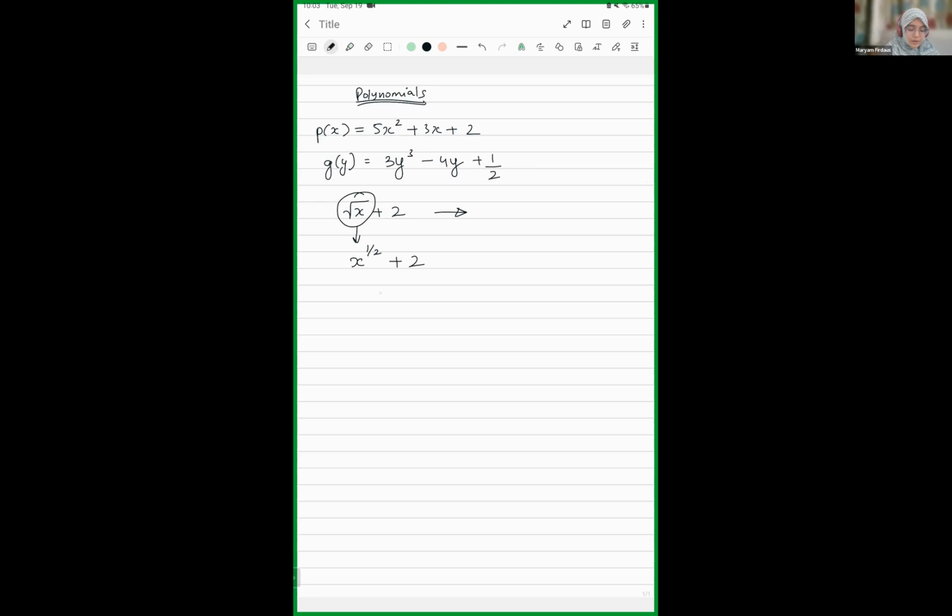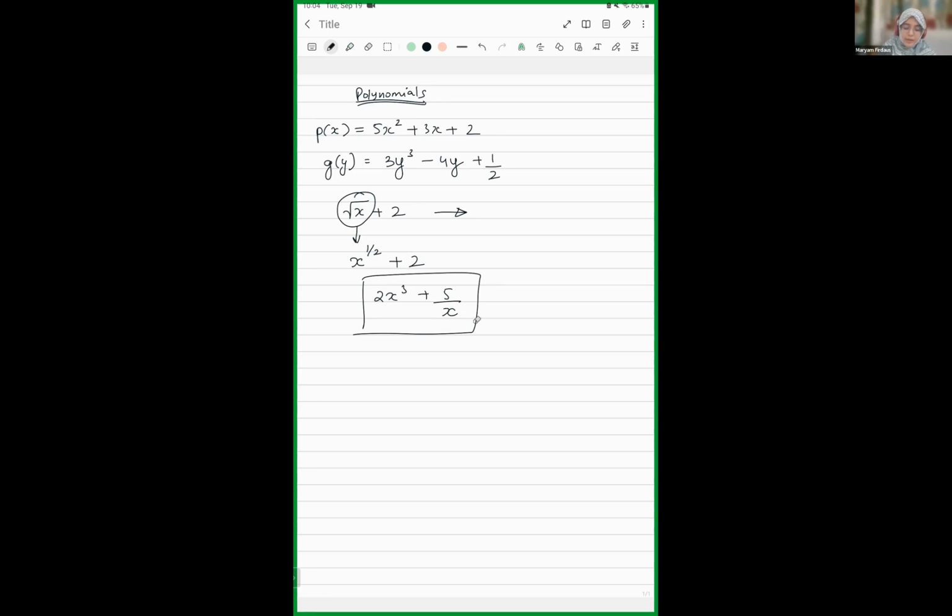For example, if you have 2x cubed plus 5 by x, is this a polynomial? No. Why not? Because again the x is in the denominator.